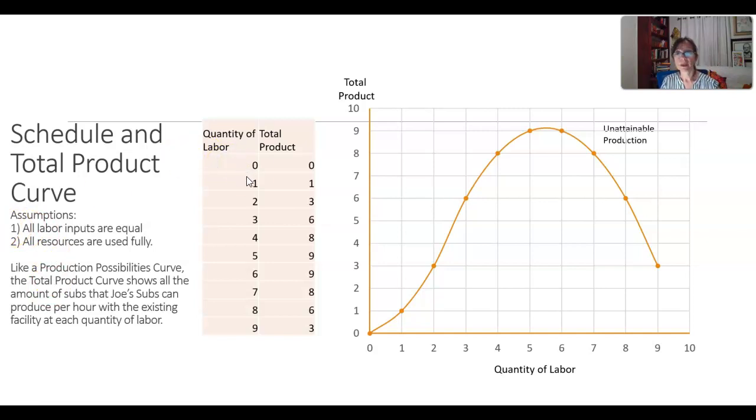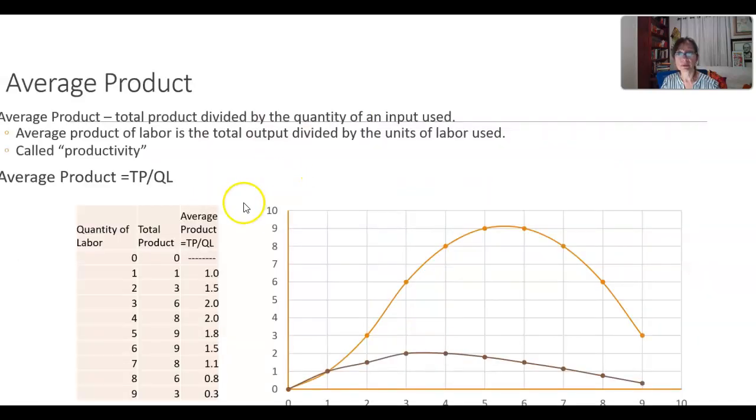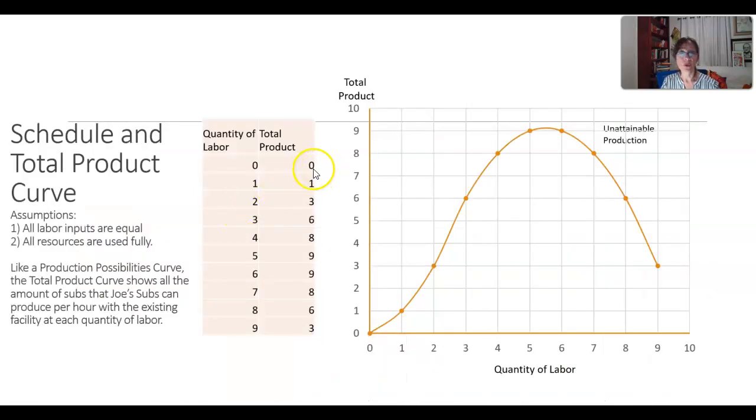If we have nobody working, 0 labor, we have no product. However, if we hire 1 person, that person can make 1 sandwich. Let's hire 2 people, and these 2 people together make 3 sandwiches. Let's hire the 3rd person, and these 3 people together produce 6 sandwiches.